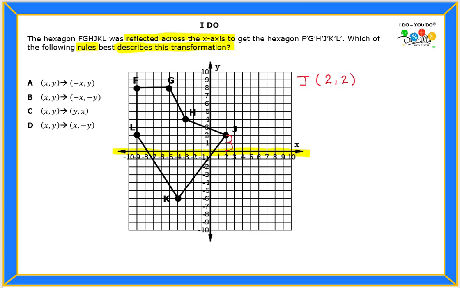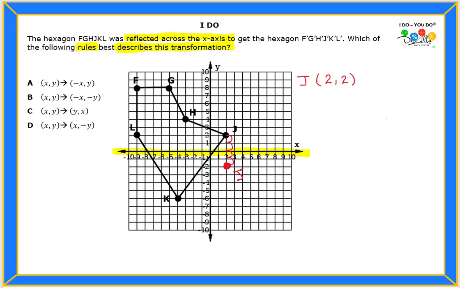Is that right? So once you reach the x-axis, you need to cross it, okay? Because you want to be on the other side. But you want to be on the other side exactly as many steps as you were before you moved, right? So we're going to count 2 once I reach the x, and that will be my new point.